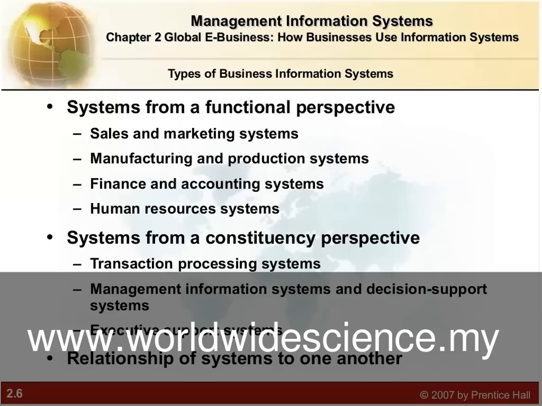Also, we need to pay more attention to the relationship of these different kinds of systems. Functional systems identify systems by their major business function. For example, in sales and marketing, or in finance and accounting, what is important for us, what are the business processes we have in this department.